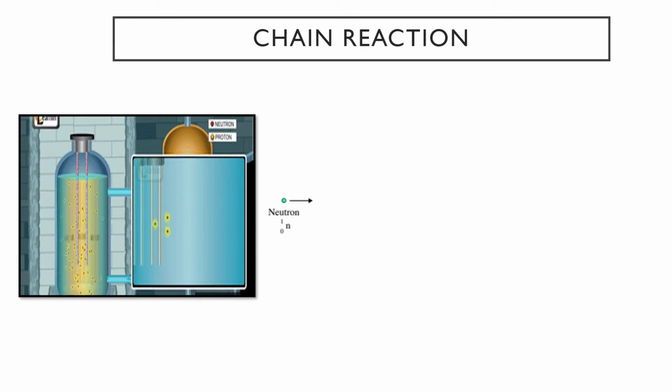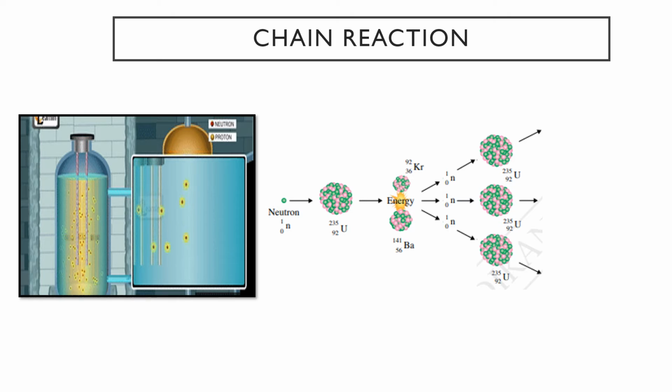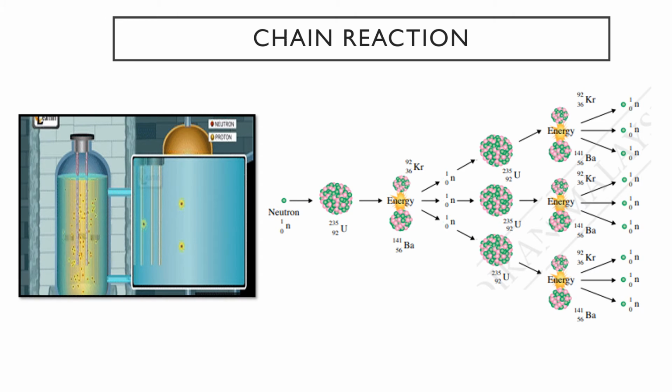In a nuclear reactor, the fission of uranium-235 nucleus produces 2 daughter nuclei and 3 fast-moving neutrons with large amount of energy released. This neutron will bombard other uranium nuclei and it will release more neutrons through continuous nuclear fission. So this chain reaction will continuously occur in the nuclear reactor.